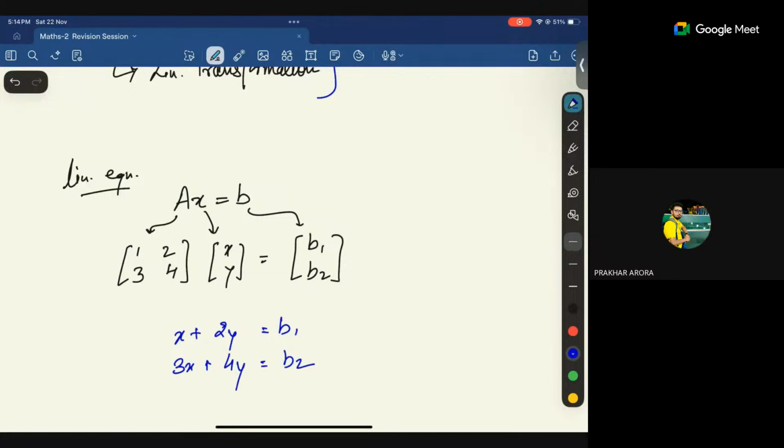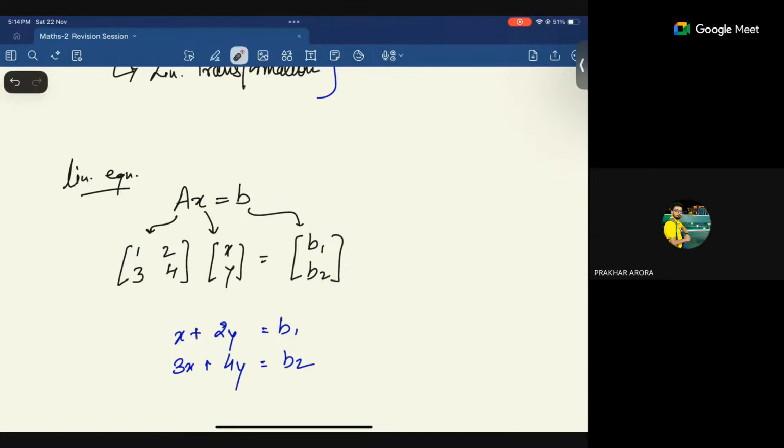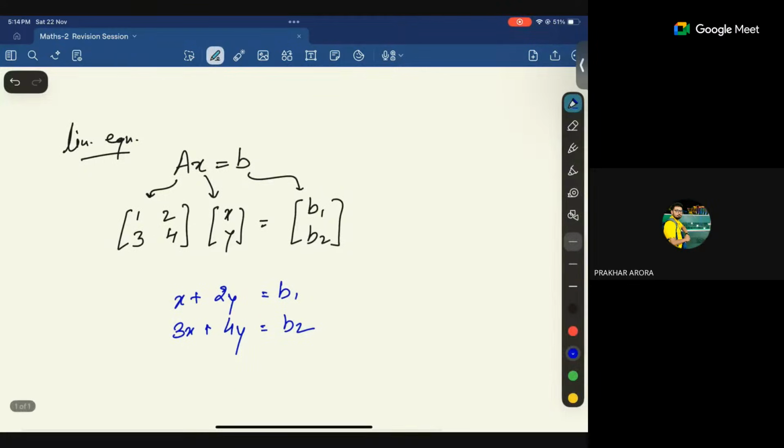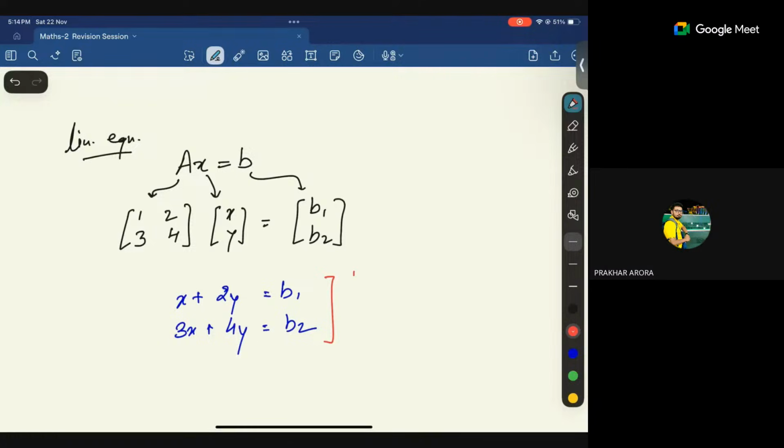Here we studied whether this is solvable or not, whether the equation has solutions or not. There were several rules to find consistency, inconsistency, one solution or many solutions. So this was the background here.